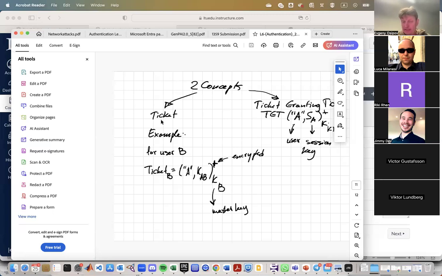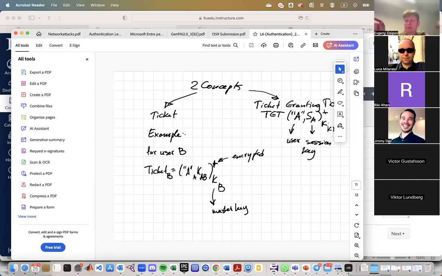And then the second concept is ticket. In principle it has exactly the same functionality as TGT. However, it is relevant to the party with which you want to establish a secure communication.